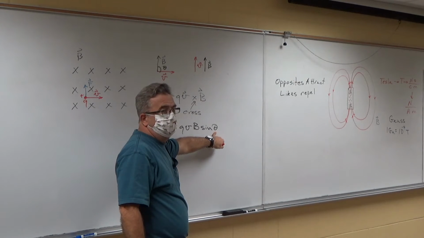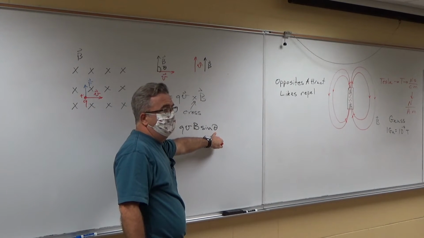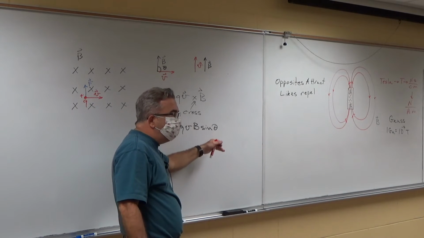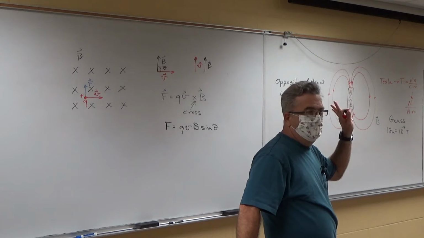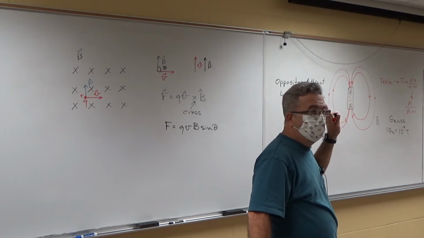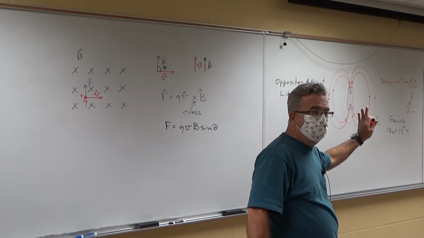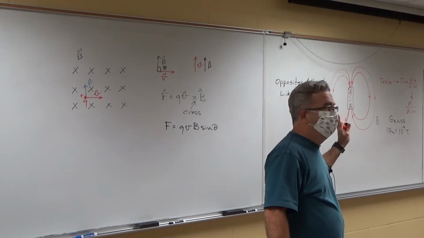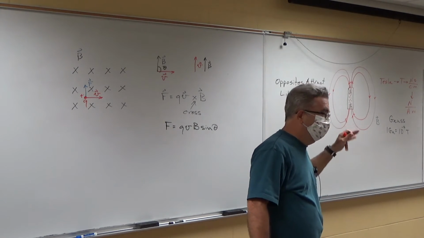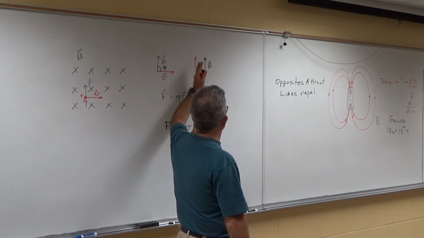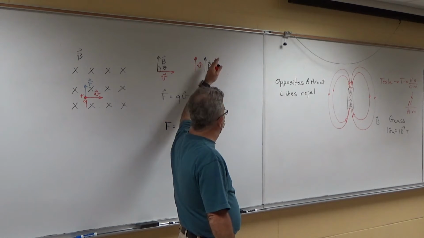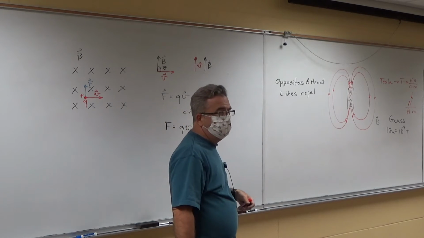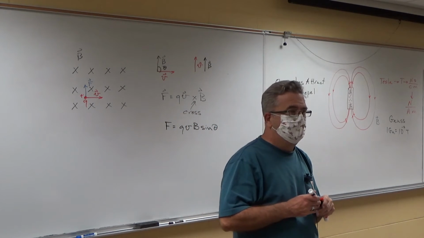Sine of 0 is 0. No force. It's equivalent to the dot product where you had the force vector perpendicular to the displacement direction. You got no result, you got a 0. In this case, if the velocity vector is in the same direction as the magnetic field, or anti-parallel, no force. Okay?